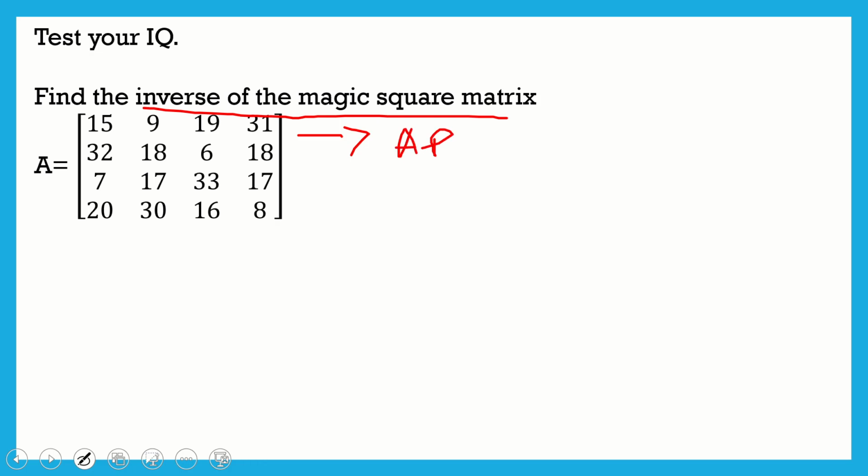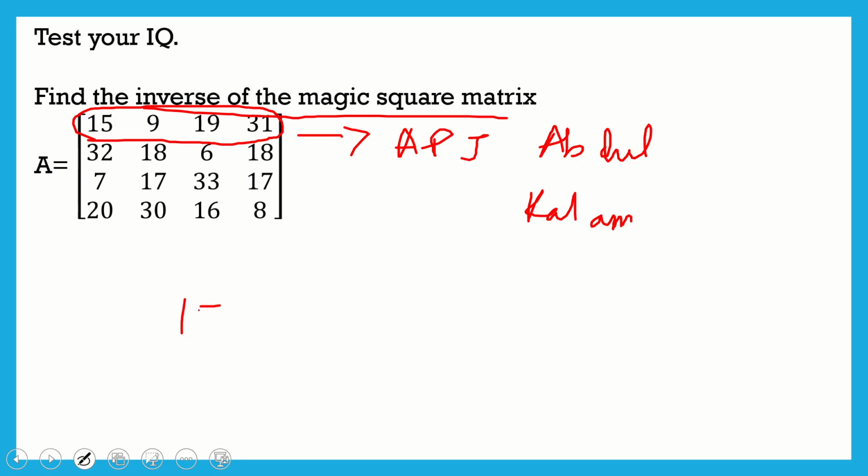See, this is a very interesting matrix. It is based on APJ Abdul Kalam, because if you see the first row, it has the date of birth written. It is written 15 September 1931.